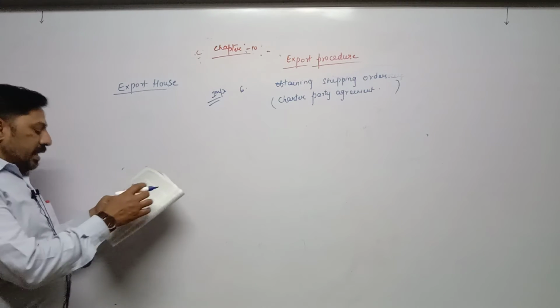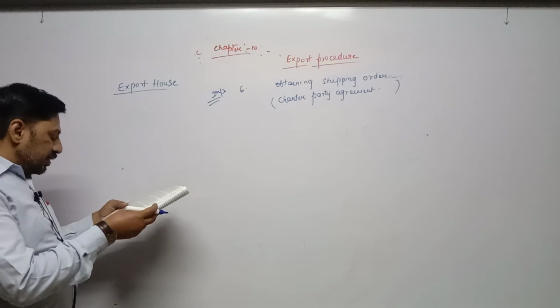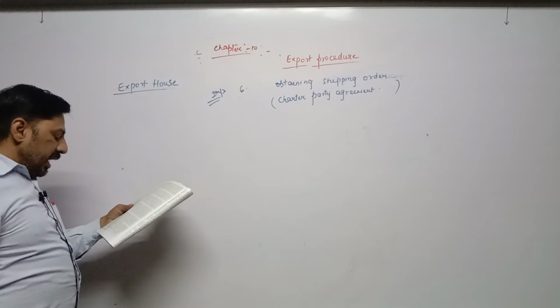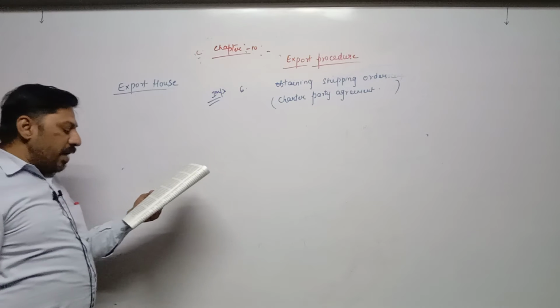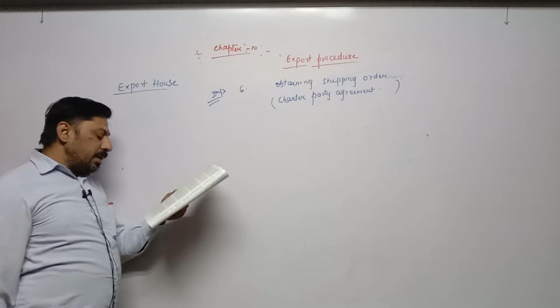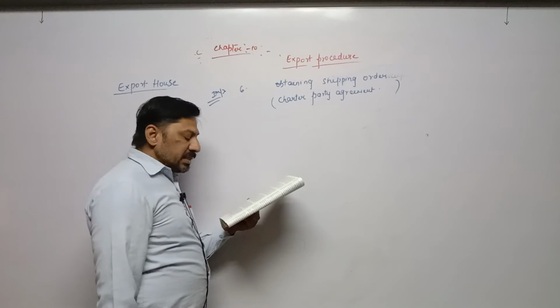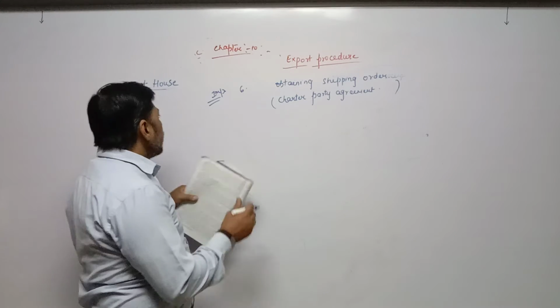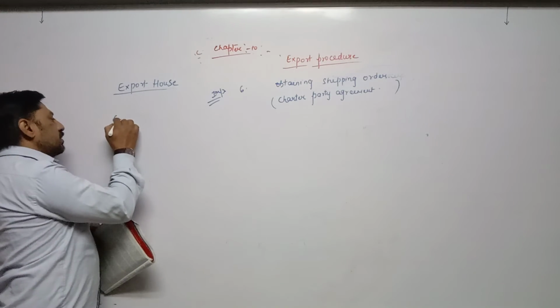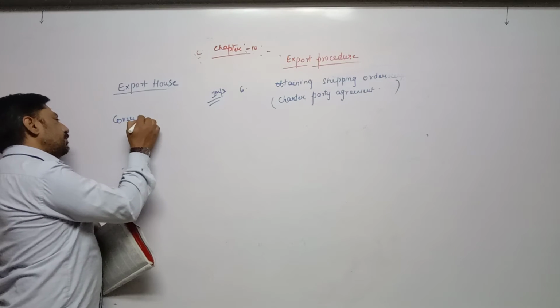So here an agreement is made with the insurance company regarding this. Exporter obtains the cover note after paying the premium determined by the insurance company, and the insurance company issues the policy against the cover note. So here another important topic is cover note.